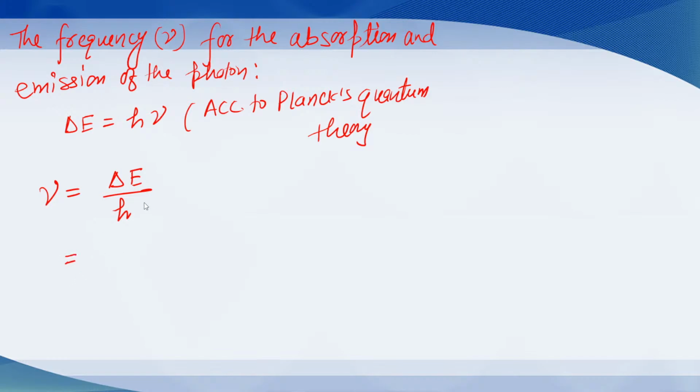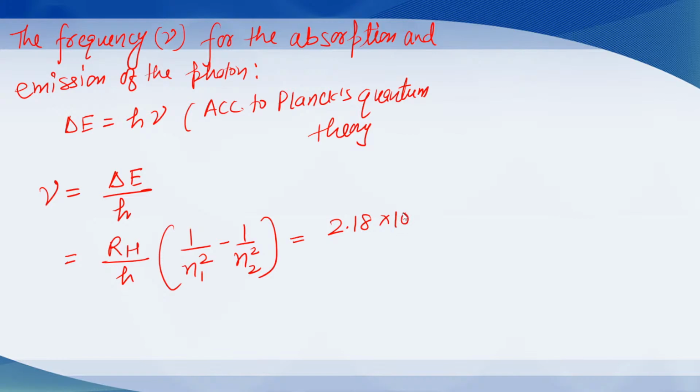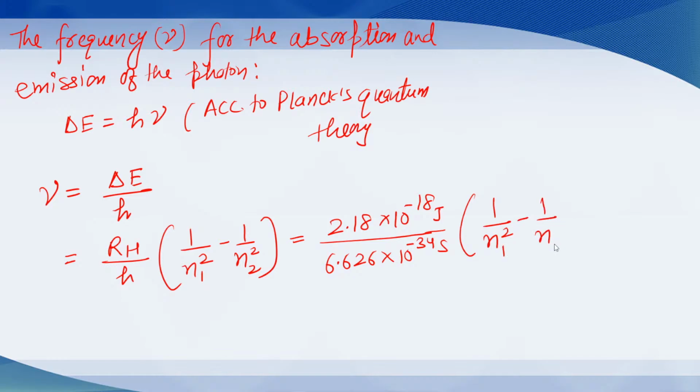So what is delta E? R H into 1 upon n1 square minus 1 upon n2 square. So just put the value. R H is 2.18 into 10 raised to power minus 18, and h is 6.626 into 10 raised to power minus 34. The numerator is in joule and the denominator is in joule second.